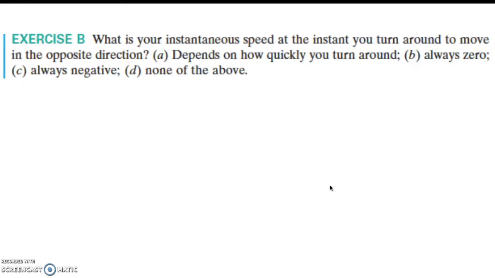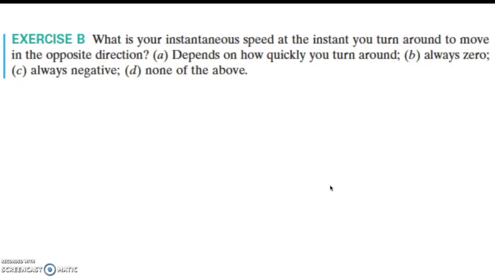So the instantaneous speed at the instant you turn around to move in the opposite direction, it will definitely become negative because... not speed, I'm sorry, your velocity. Your speed will not. Your speed will stay positive. Would it be zero? If you do stop, then yes, it'll be zero. And then A, depends on how quickly you turn around.